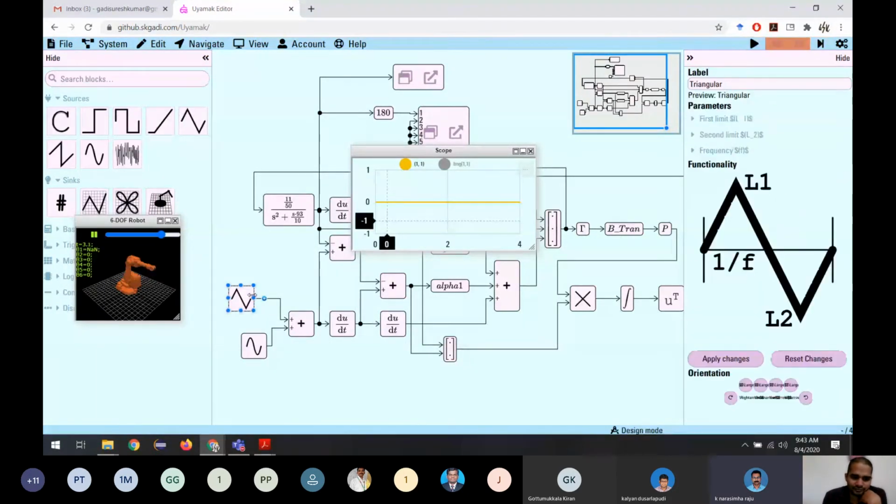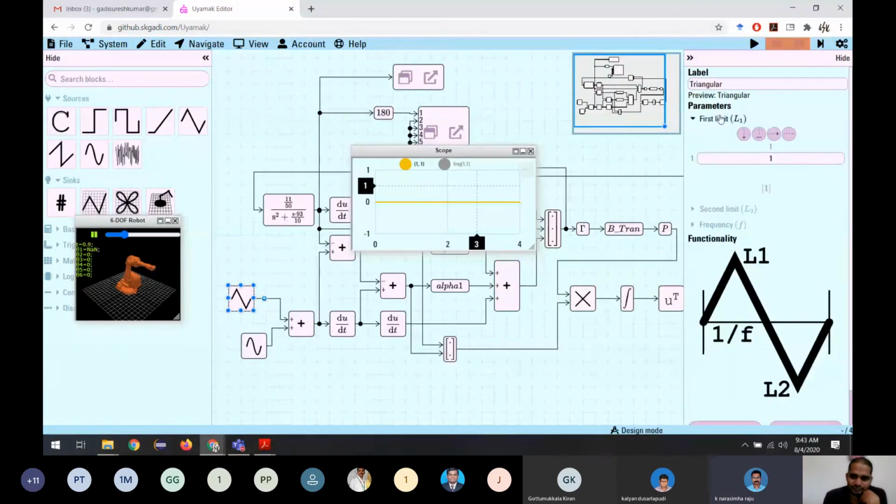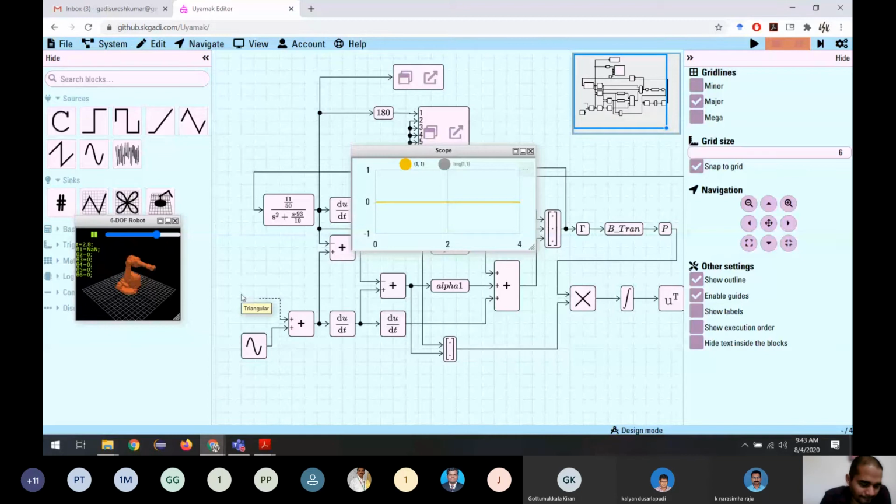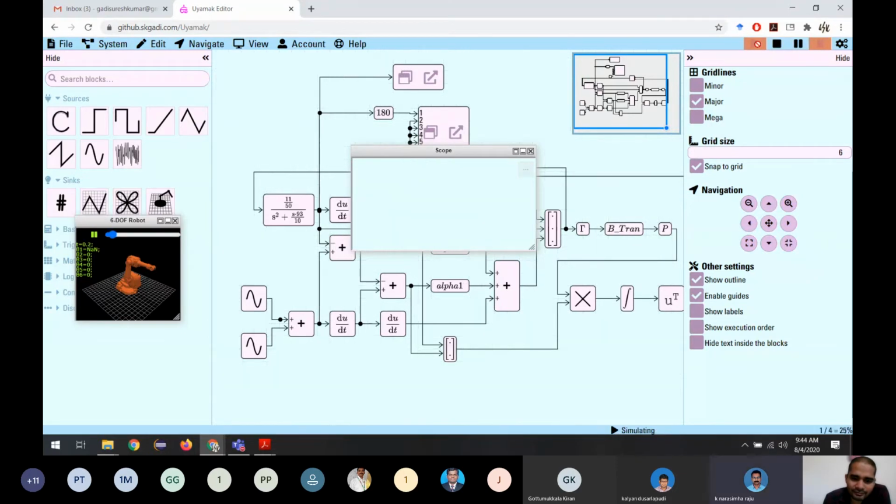This is not working. So it only works with the sine wave or some other desired trajectory whose first and second derivatives are well defined.